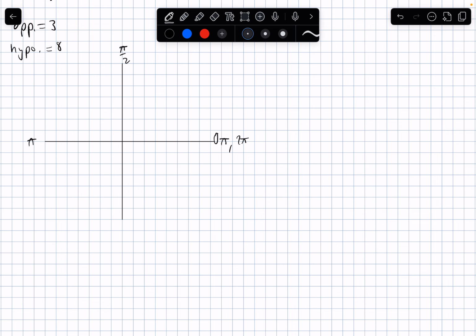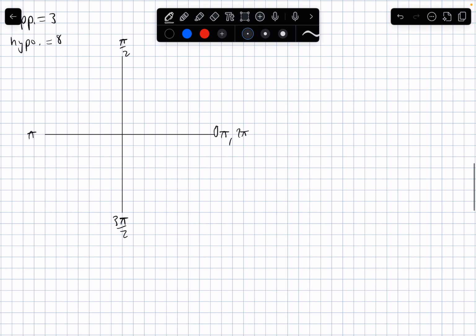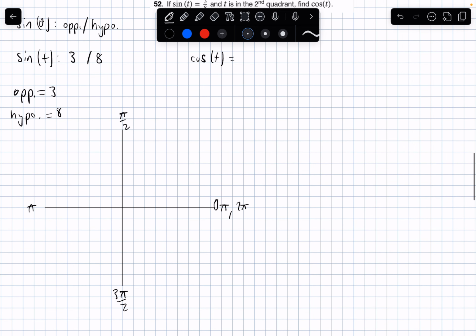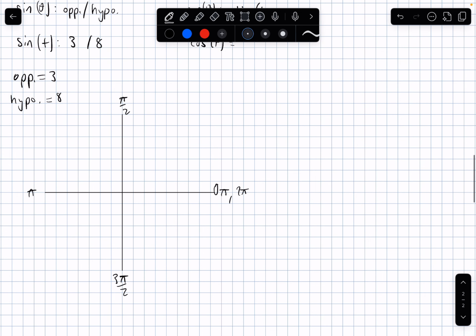So it starts with 0, pi over 2, which is 90 degrees, pi, which is 180 degrees, and 3 pi over 2, which is 270 degrees. Okay, so we're given that this angle t is in the second quadrant. So let's draw a triangle here, and this is our angle t.